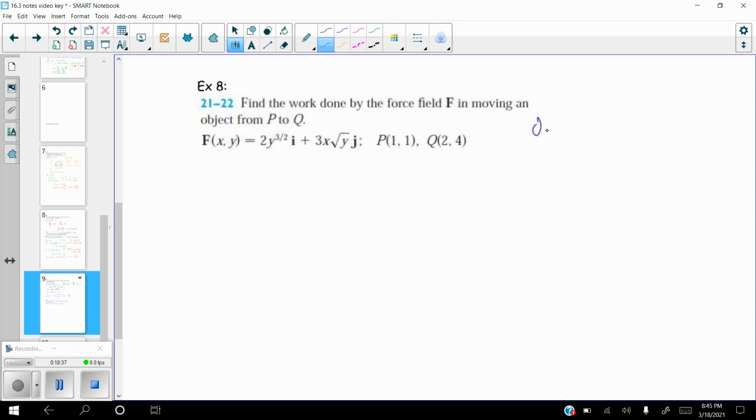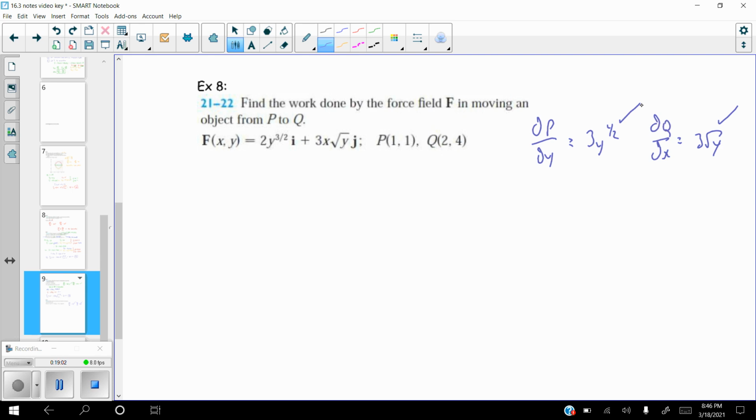So let's see, dP/dy with respect to y is going to be 3y to the 1/2. dQ/dx, the derivative of that part with respect to x, is going to be 3 square root of y. Those two things are the same. So we are good. It's conservative.